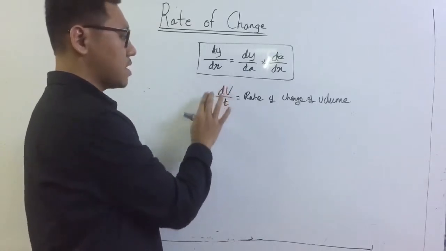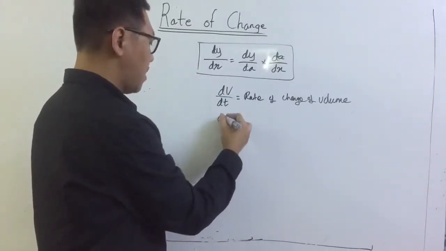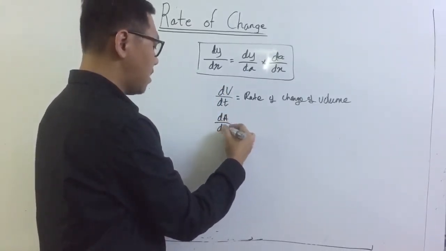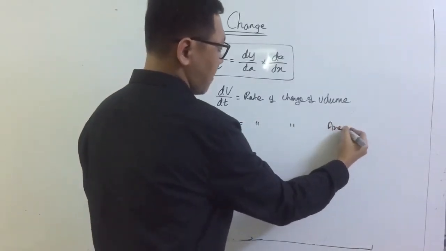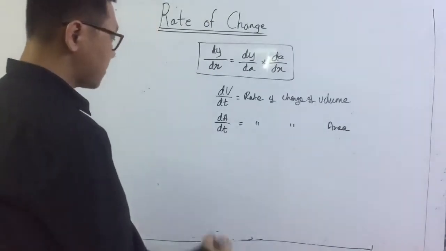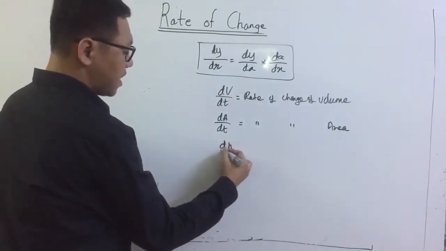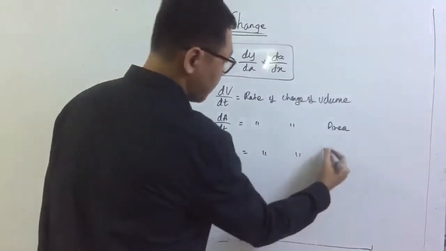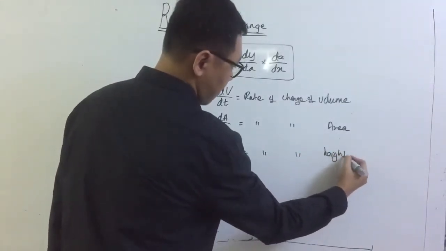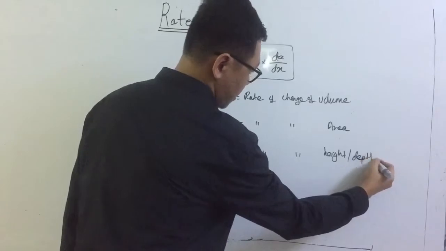If it is dA by dt, it will be the rate of change of area. And then what about dh by dt? It will be rate of change of height or depth. Depth is also height.